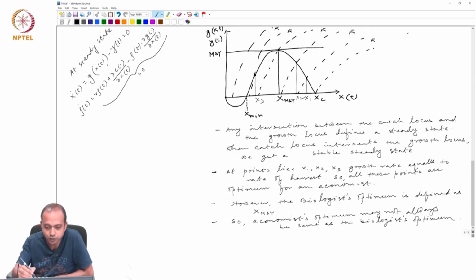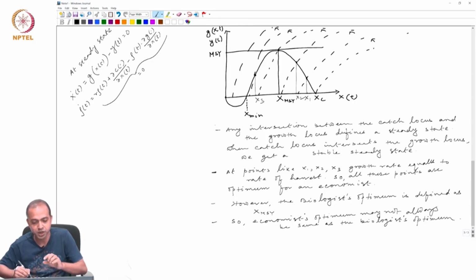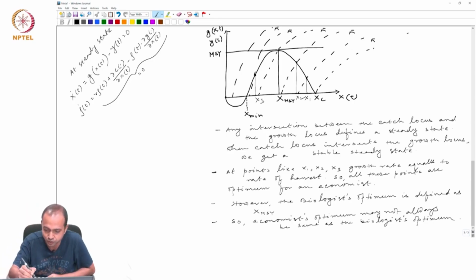Because biologists have only a single optimum, while economists have many optimum points. All these points x1, x2, x MSY, x3, all these are optimum for economists, while the biologist optimum is only x MSY.